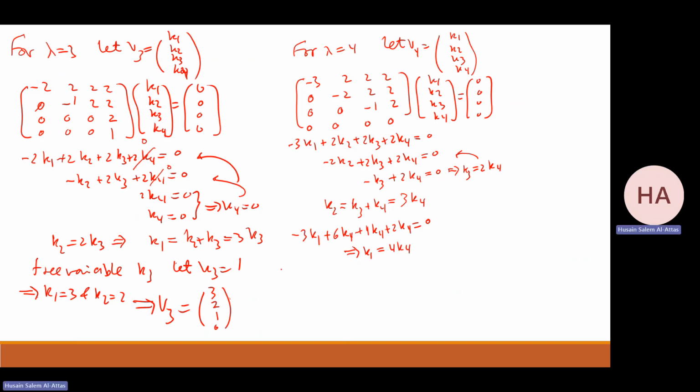Nice. So my free variable would be k4. I let k4 to be 1. So it will be k1, 4, k2. K2, where is it?